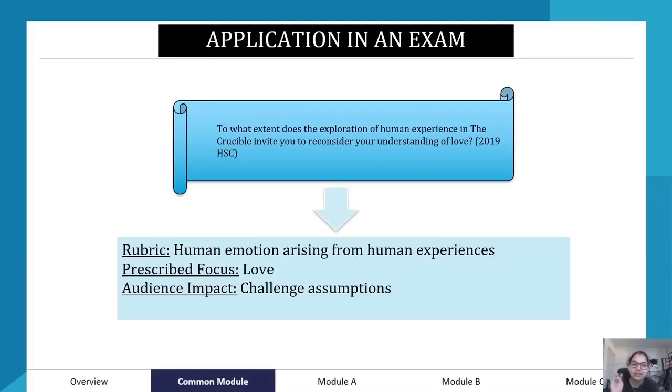So that's the three key elements, steps that you want to follow and break down the question into before you start writing.